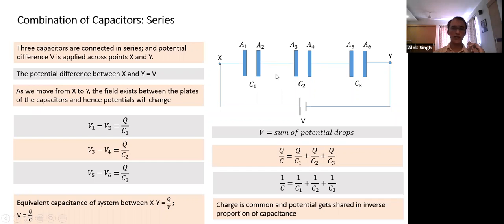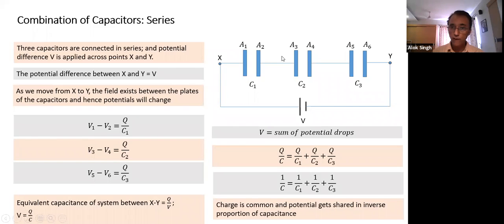So that's the reason. Basing on that, what we figured out in case of series combination, how do you define series combination? How did I define the series combination of capacitors?